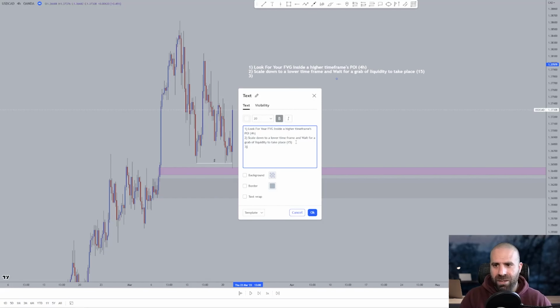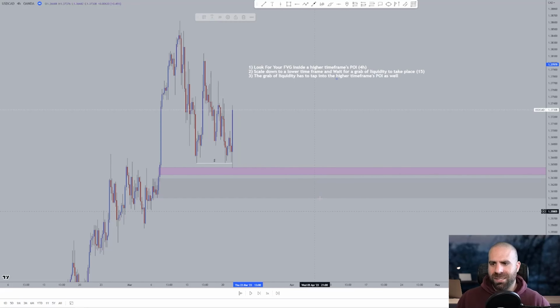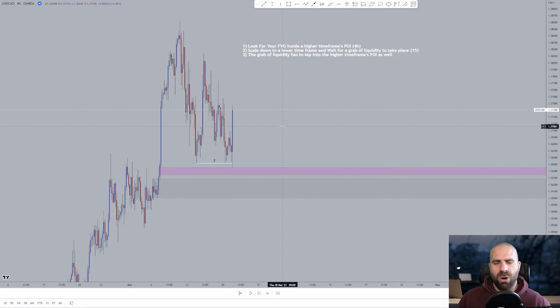Rule number three, the grab of liquidity has to tap into the higher time frame's POI as well. What does this mean? And then we will sum up everything in the end.